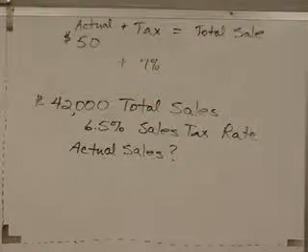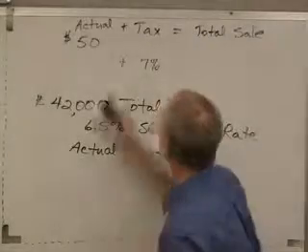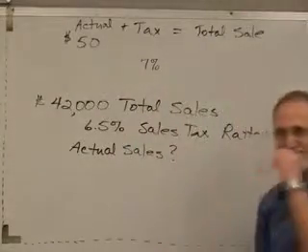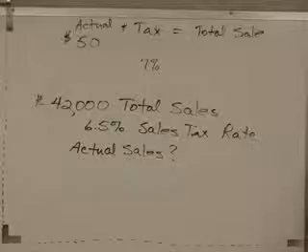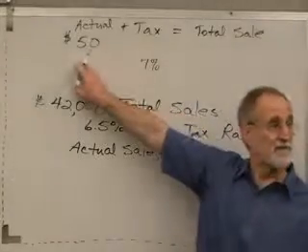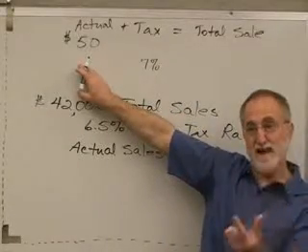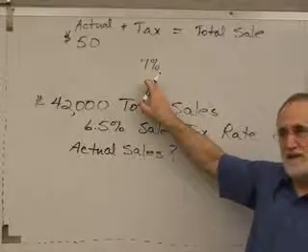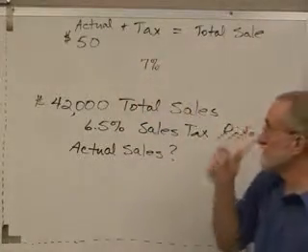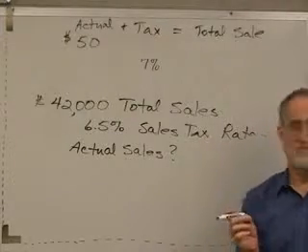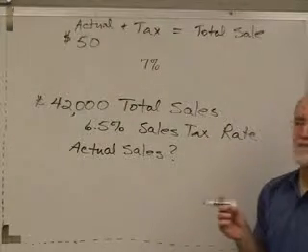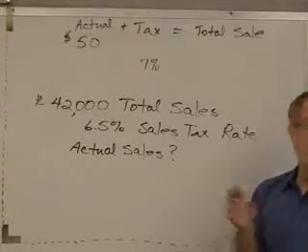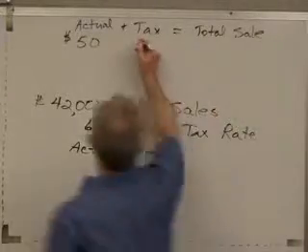That 7% would be 7% of what? That would be 7% of the $50, wouldn't it? And of means times. So take $50, multiply it times 7%, and that gives us the sales tax for a $50 actual purchase. Everybody get $3.50?